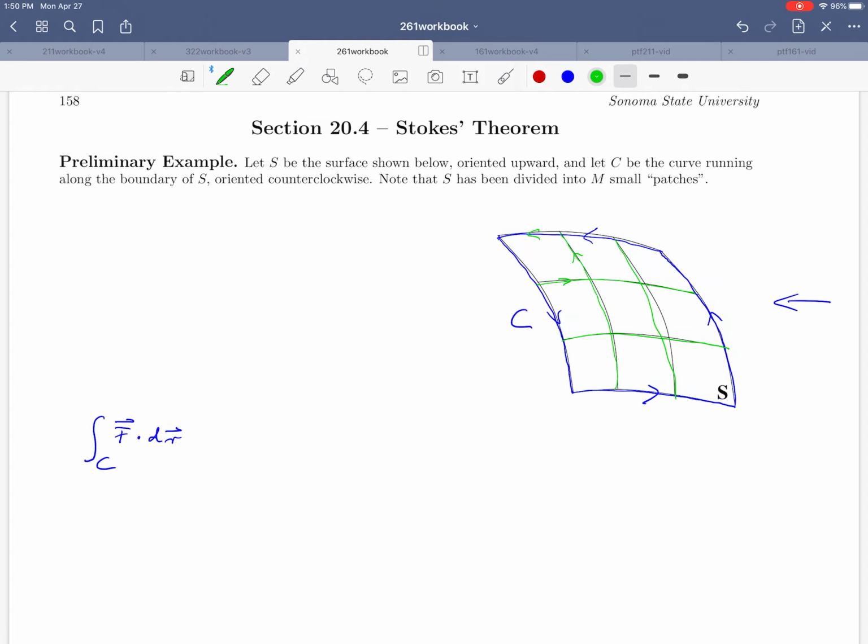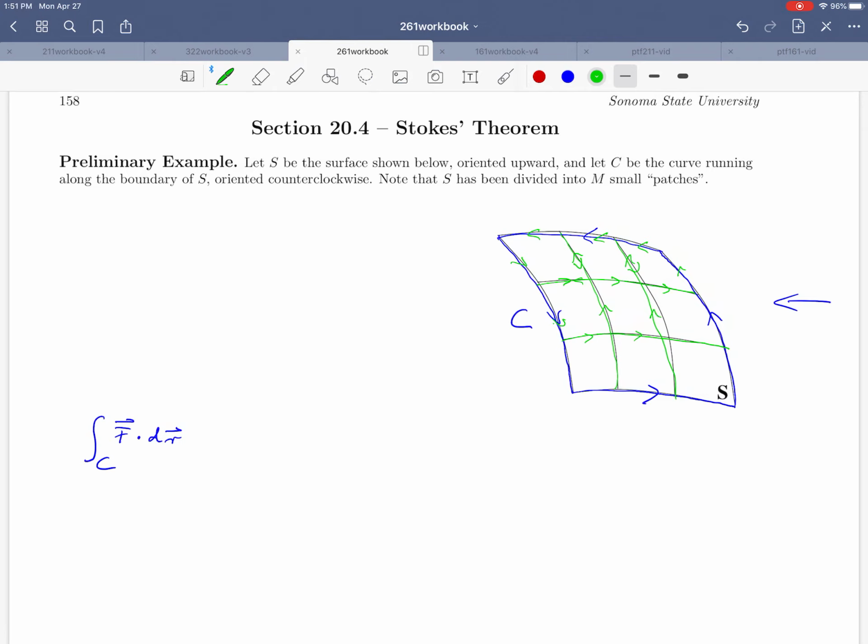So for each patch here, you would get, for the first one, this line integral, and then for the second one, this line integral. I'm going to draw in all my little arrows because, again, I'm going counterclockwise. And I do this for each of these little patches.